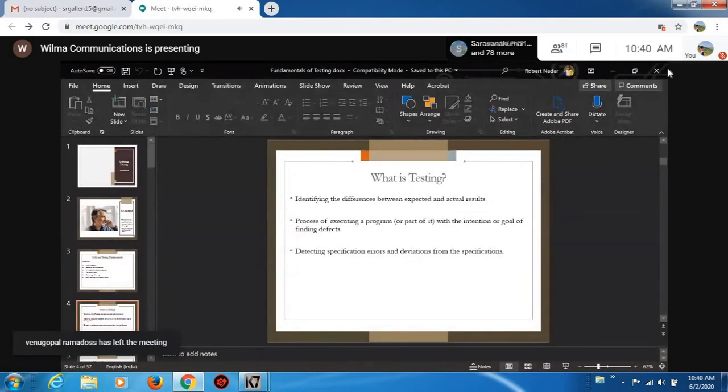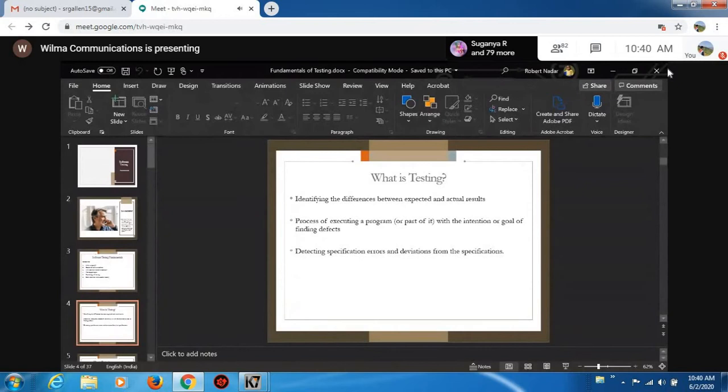Number 3, detecting the specification errors and deviation from the specification. Whatever initial commitment we have specified and given to the customer, all those initial things are applicable and available in the system or product or not, that we are going to confirm in testing.